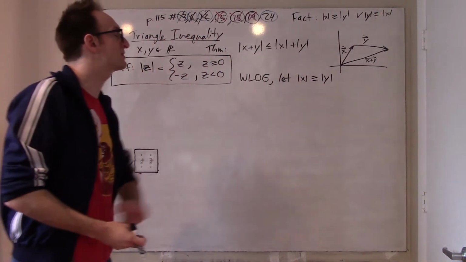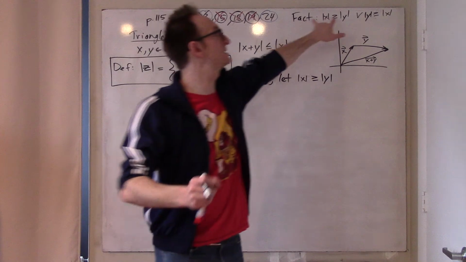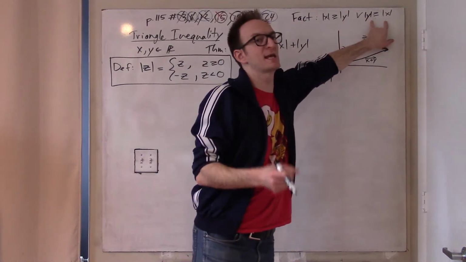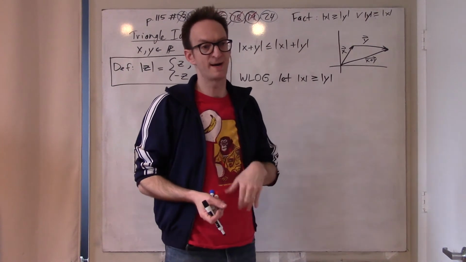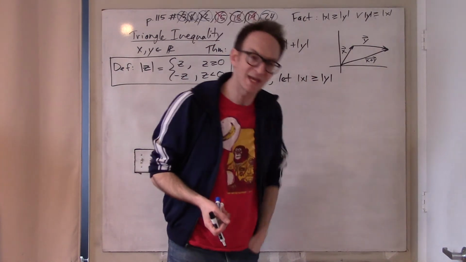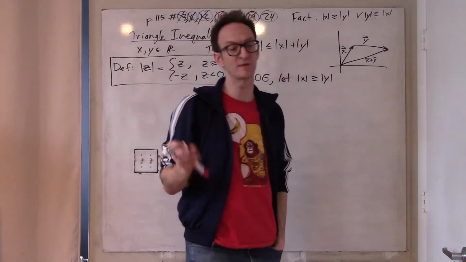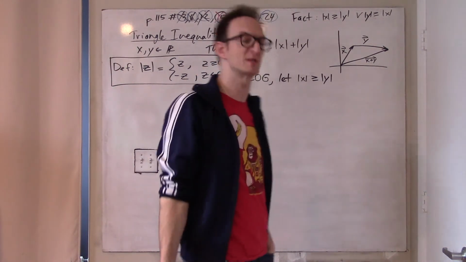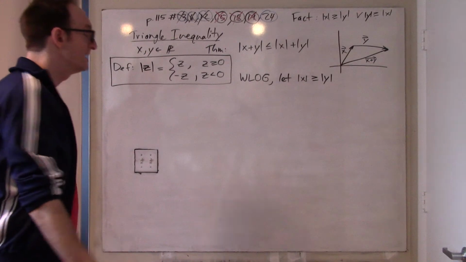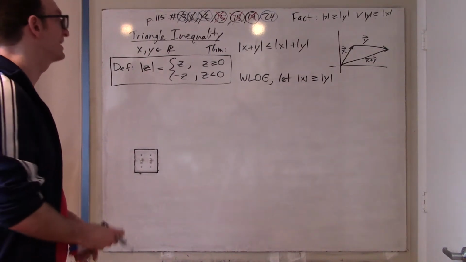Therefore, everything I'm about to do applies to this case, but the other case is the exact same thing with the letters reversed. So we're doing one case of a proof by cases, and we're neglecting the other case because it would be totally repetitive. Okay, keeping that in mind, I'm now ready to begin.